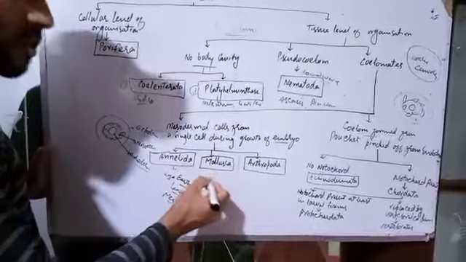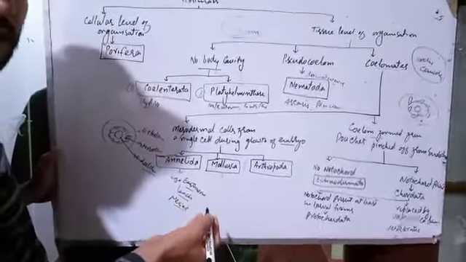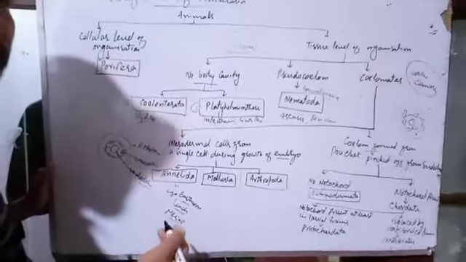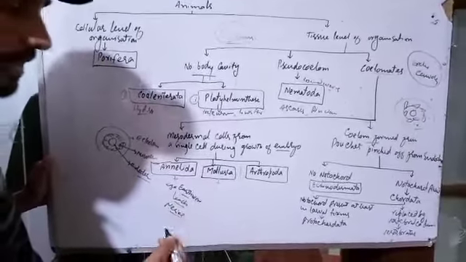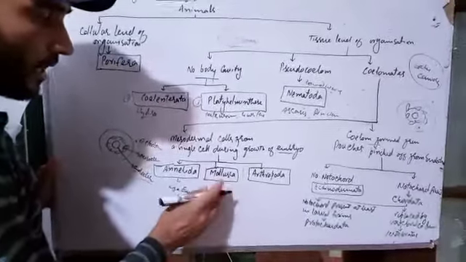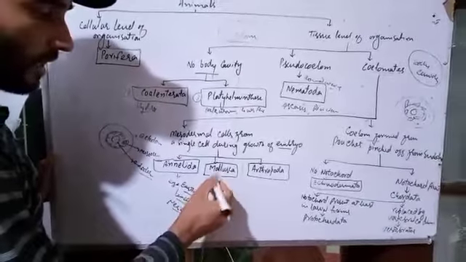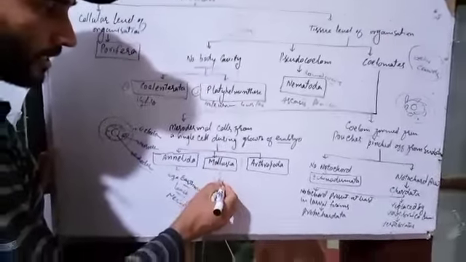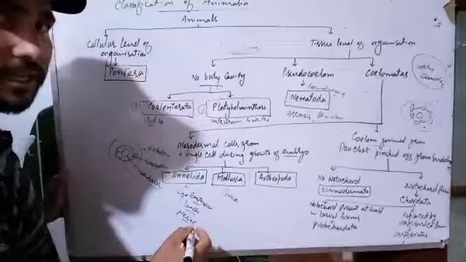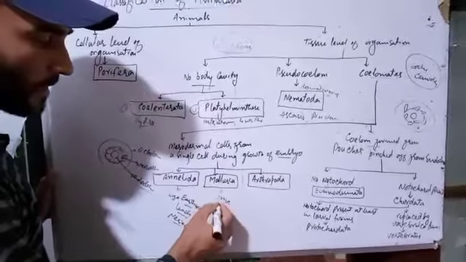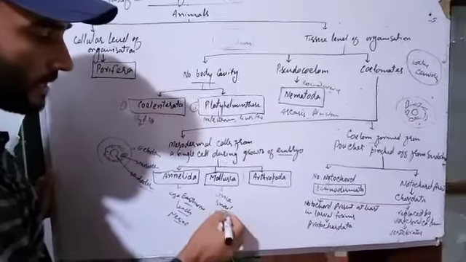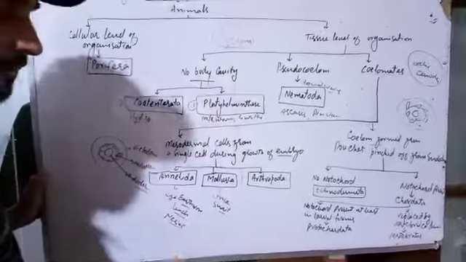Mollusca are known as soft-bodied animals, mostly present in the sea or marine water. Mollusca include Unio and snail.